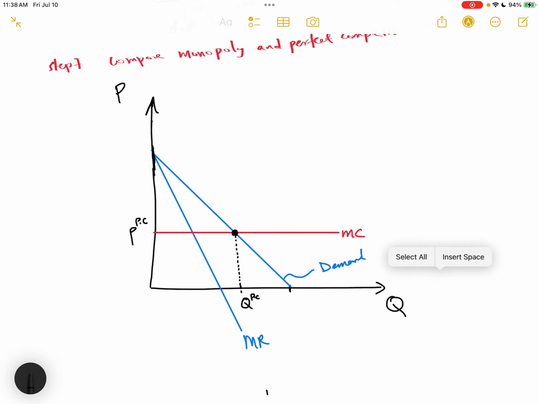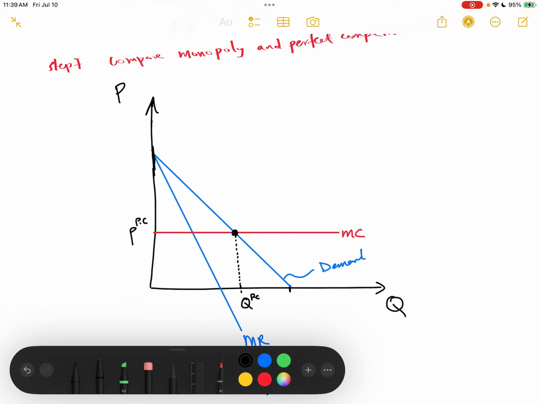So what we have on here is the price and the quantity in perfect competition, because in perfect competition the price is determined in the market where the supply or marginal cost curve intersects the demand curve. We have it down. Good.